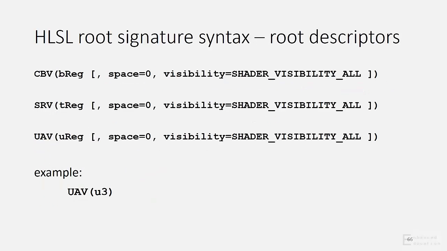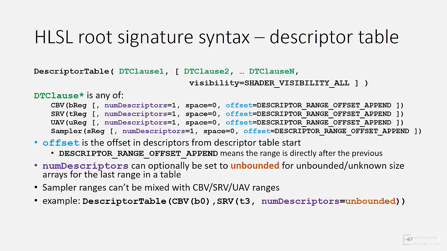These are the three types of root descriptor declarations, each consisting of the HLSL binding and then optionally the register space and shader visibility. A descriptor table definition consists of one or more descriptor table clauses, which I'll go into, followed by an optional visibility specifier, which applies to the entire descriptor table.